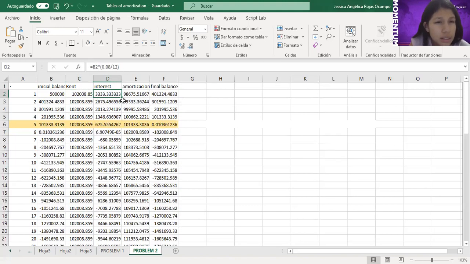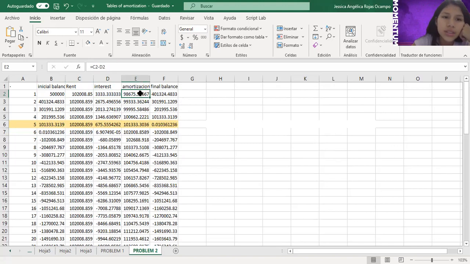The interest is the initial balance multiplied by the interest rate divided by monthly 12.